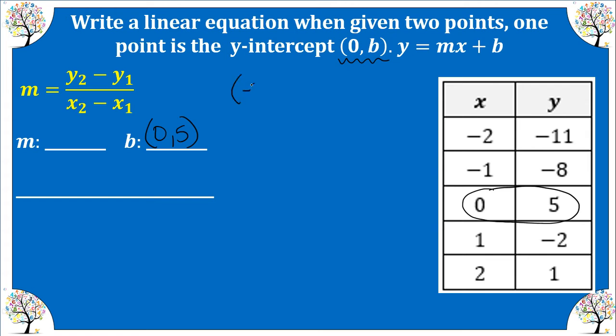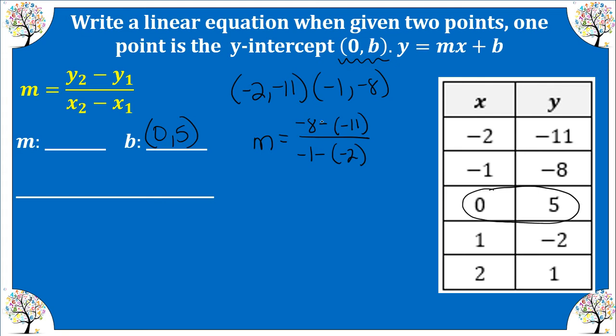So I'm going to choose just the first 2 points. You can choose any 2 points. And this takes us back to the previous lesson. It's going to be y2 minus y1 over x2 minus x1.